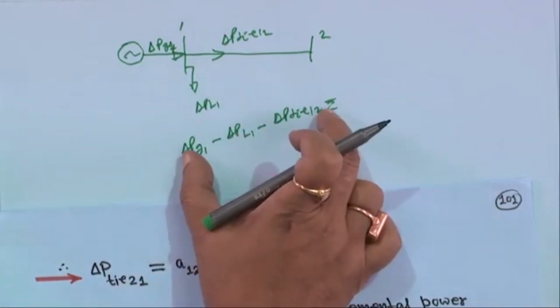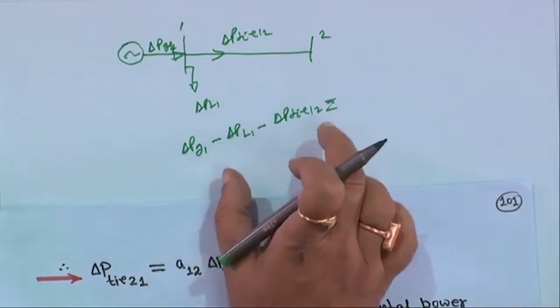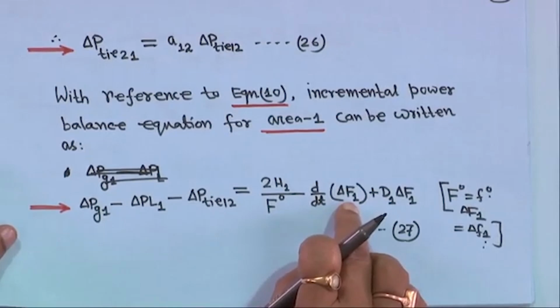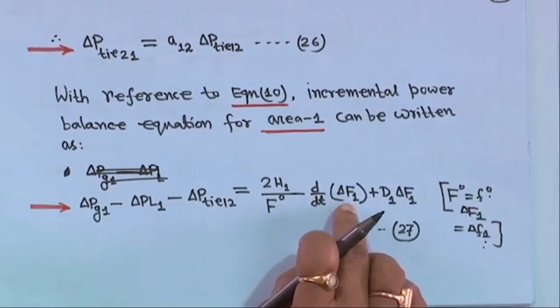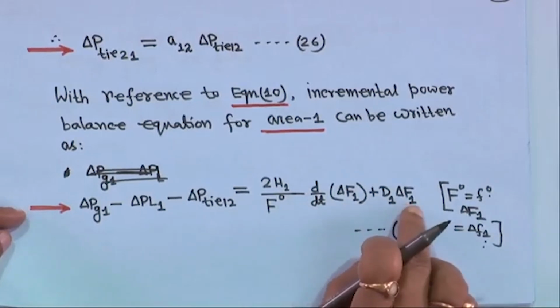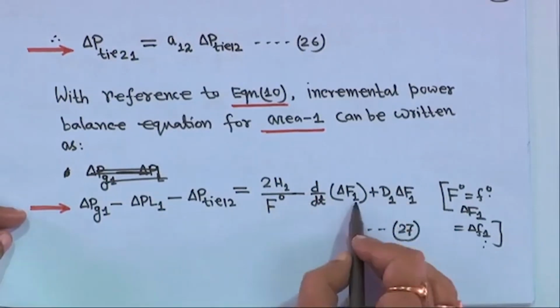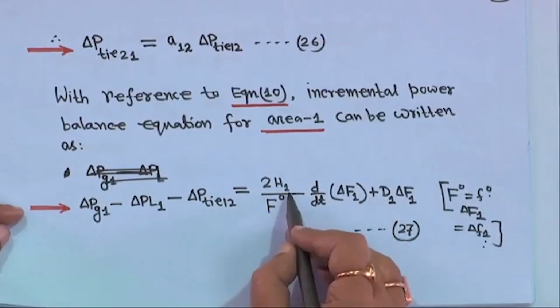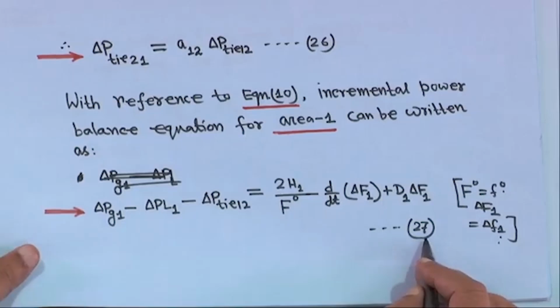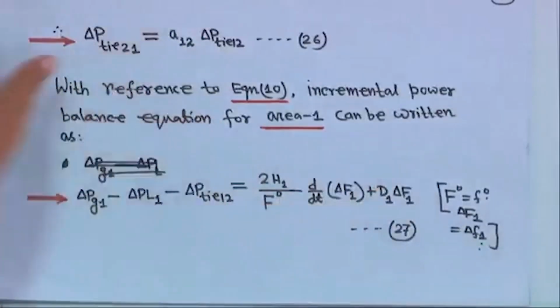But if you take the difference, this happens during transient imbalance. So, it will be 2H1 upon f0 d/dt of delta F1, same thing we have seen for the single area system, details have been given for the isolated case, plus D1 delta F1, this is for area 1, that is why you are putting delta F1, and H1 is the inertia constant. So, this is actually equation 27, right.